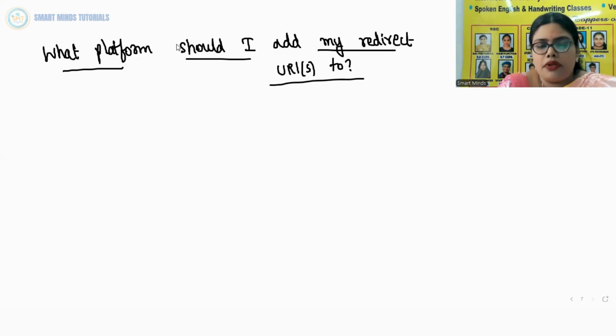This is very important. We need to enable a public client flow configuration. So I will give you a table which gives you guidance on the type of redirect URI you should or should not add based on the platform you are building your application on.